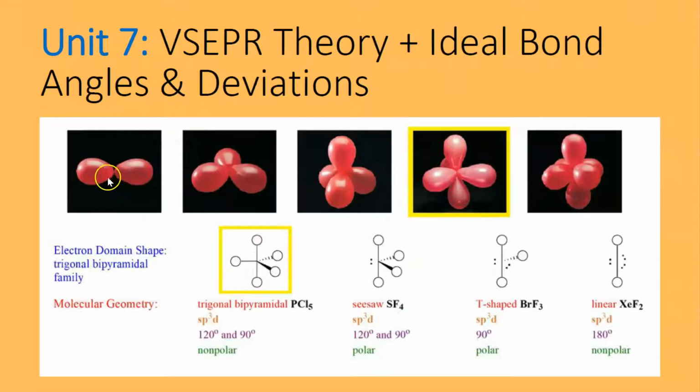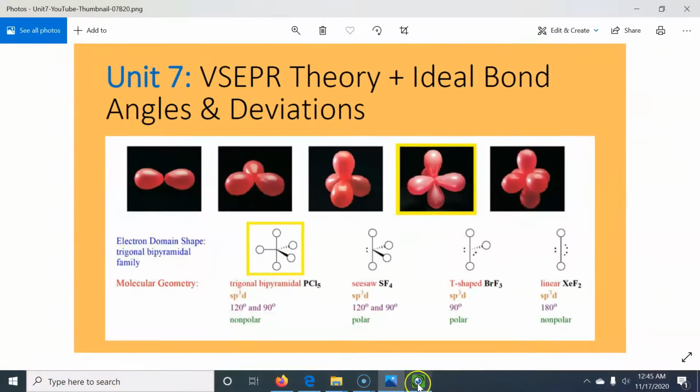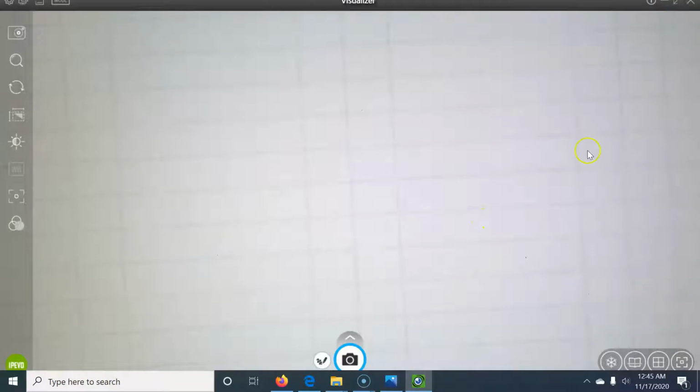So we've done 2 balloons, we've done 3 balloons. Not only have we done 3 balloons with 3 atoms around the central atom, but we saw that we could have 3 balloons with only 2 atoms around the central atom, the SO2 example. This is 4 balloons, and it makes a shape called tetrahedral. Let me show you that example and some deviations.